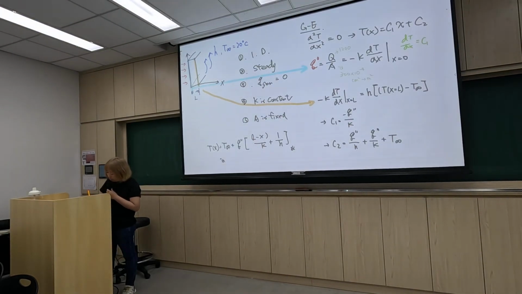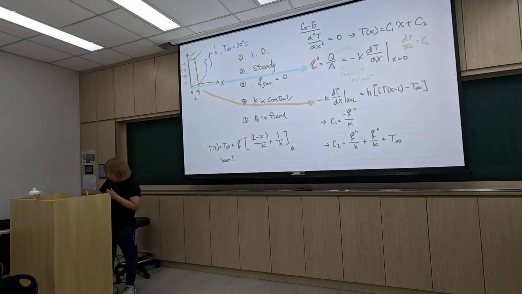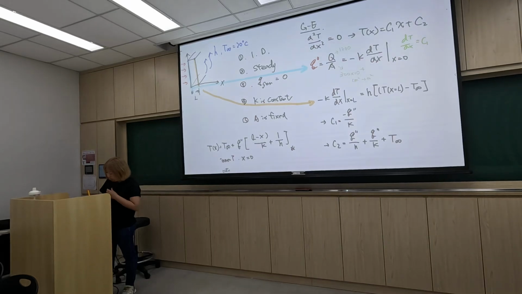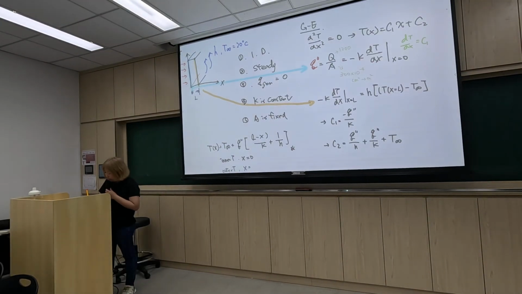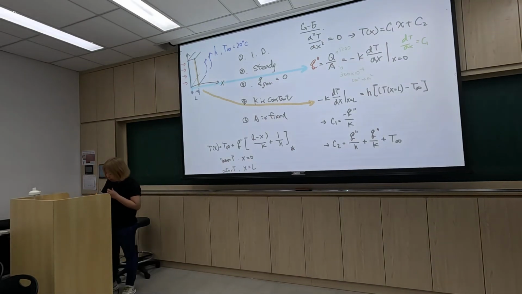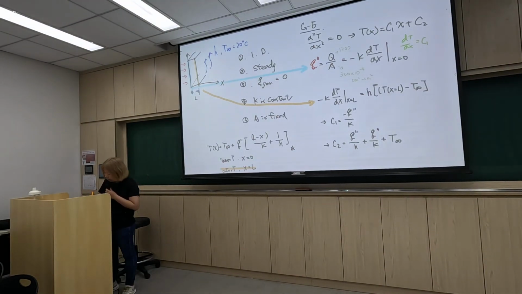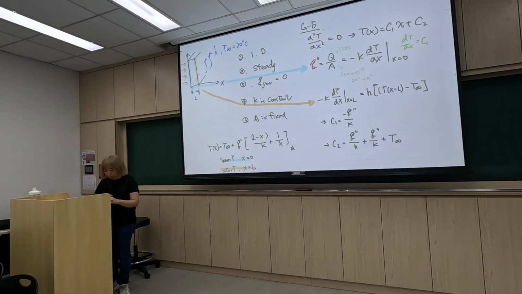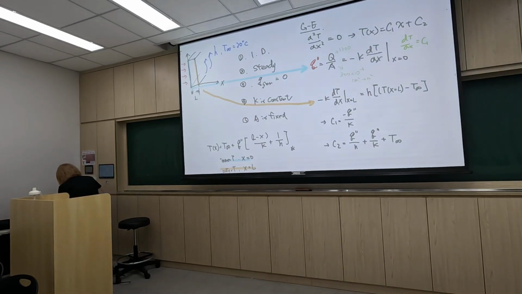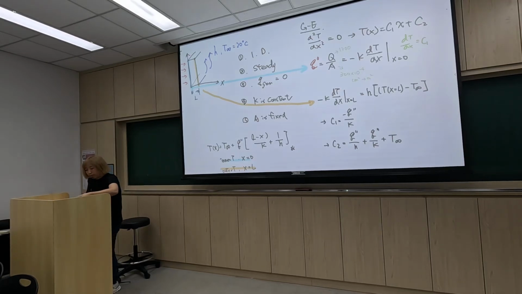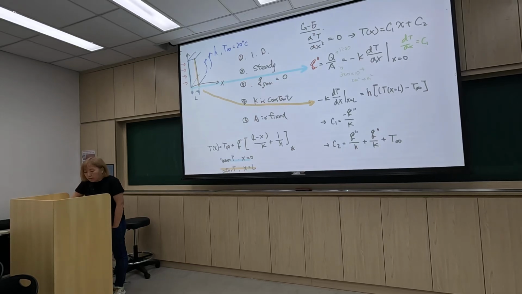So inner T is x equals 0, then outer T is x equals L. Okay, so in this case, you just pull out the numbers and put them inside.